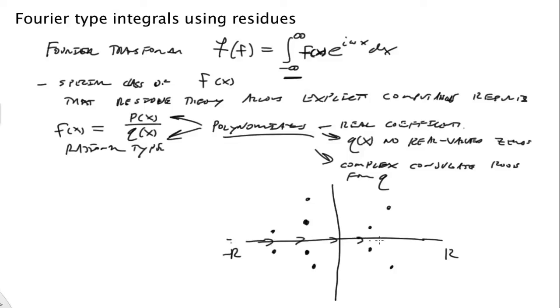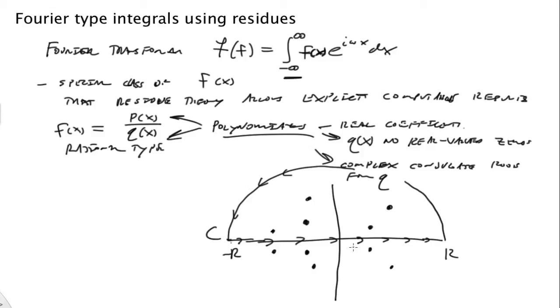The first branch of the contour is going to go like that, and then it's going to come around in a semicircle over the top, and it will enclose all the roots in the top half of the complex plane. We're going to call that contour C.